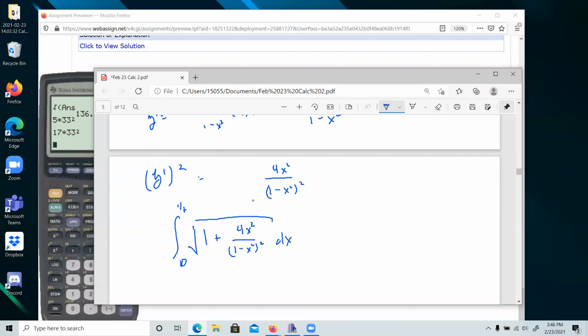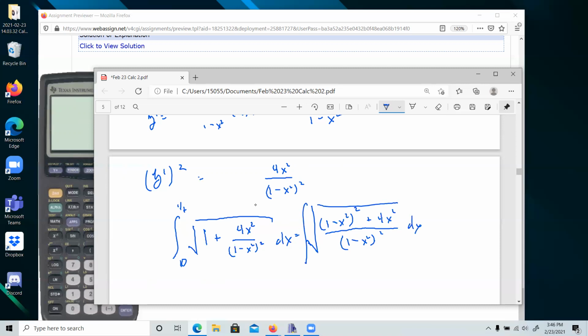Well, rather than attempt the triangles one more time, let's see if we can do something better. So all I did is I multiplied this 1 by 1 minus x squared over 1 minus x squared. Let's see what comes of it. Okay, so this is technically still inside of the square root, which is still inside of an integral from 0 to 1/7.